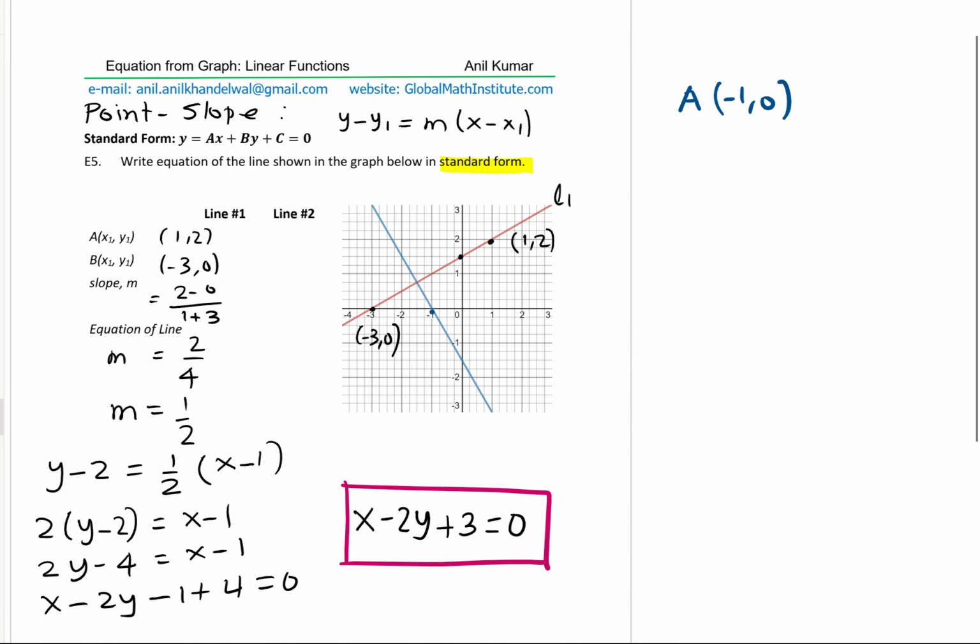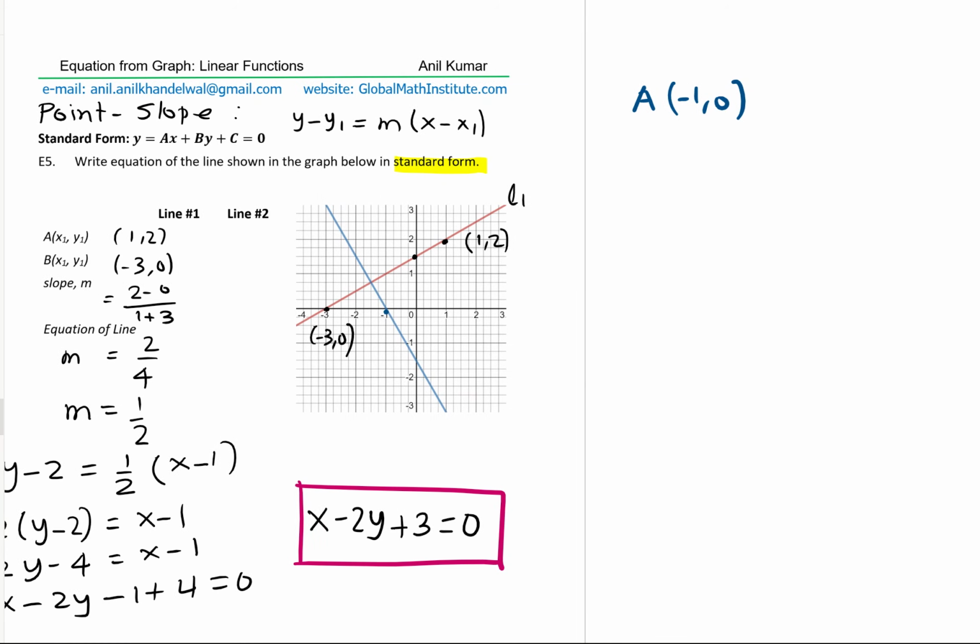Okay, so another point on this line is, let's take this y-intercept itself, which is the x value being 0 and the y value being minus 1.5. So we'll take the other point B as 0, minus 1.5.